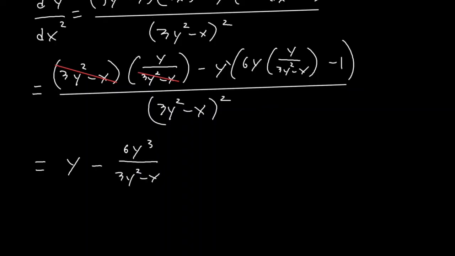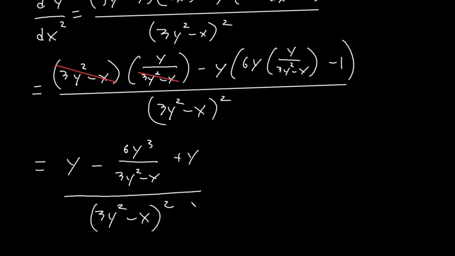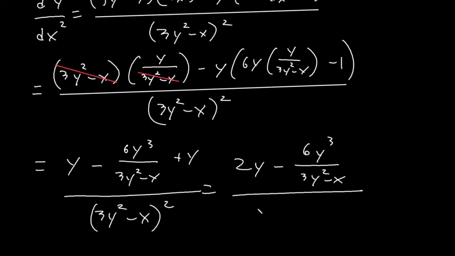And if I take this y and distribute it to the negative 1, it's negative y times negative 1, so that's going to be a plus y. And then this still stays. Then y plus y is 2y, so I'll get 2y minus all of this stuff that was there before. Now we've simplified this pretty well. I don't see any need to go any further.